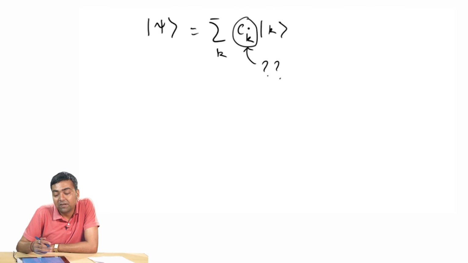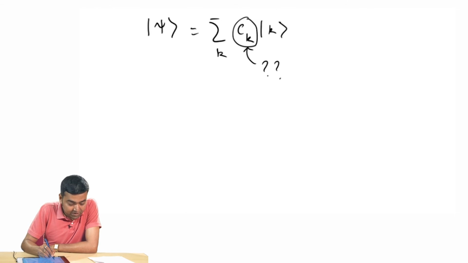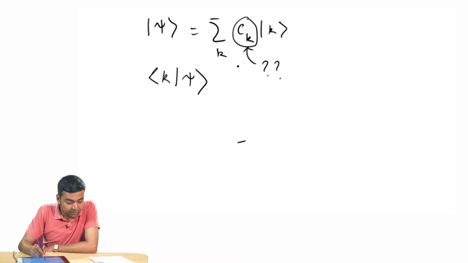So, I will take an arbitrary vector which I call |p> and project it on that. So I project it in this k basis, and what I get is <p|psi> equals the sum over k of c_k <p|k>.